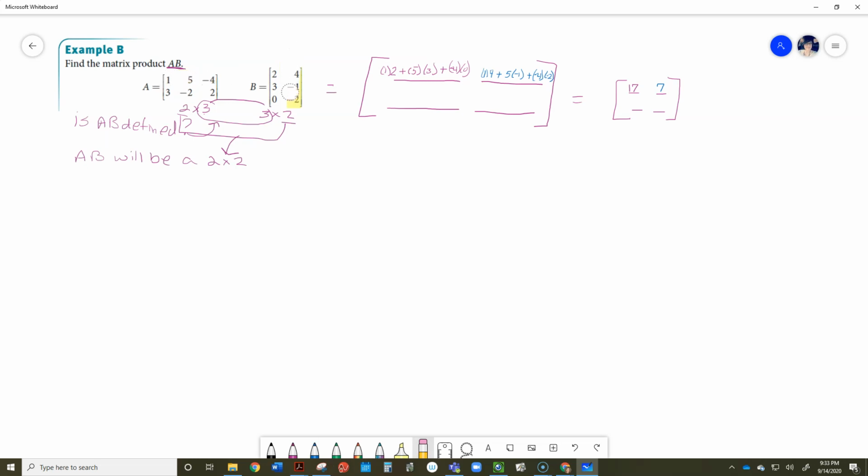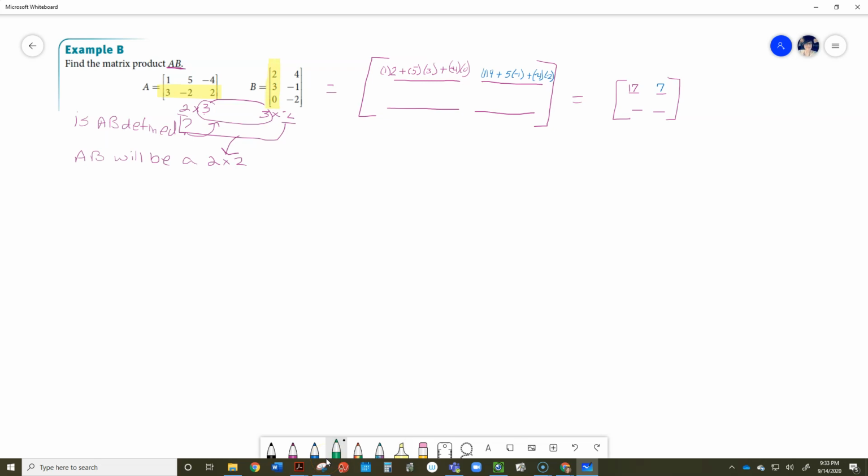Okay, so I'm going to erase the highlights so that I can do the new one. Now I'm going to find this number right here. That number is in the second row, first column. See, I'm filling in this number. So I'm going to multiply the second row times the first column.